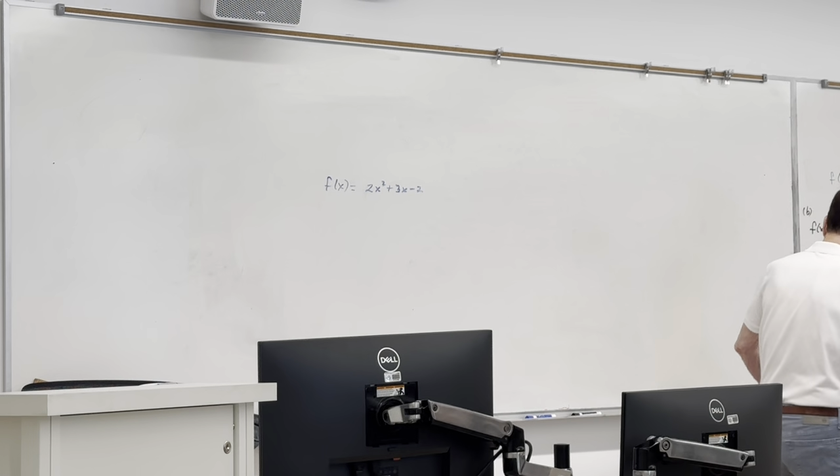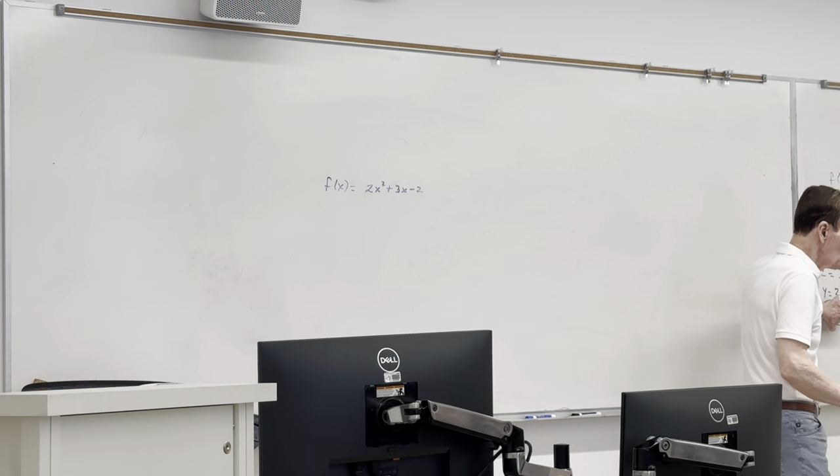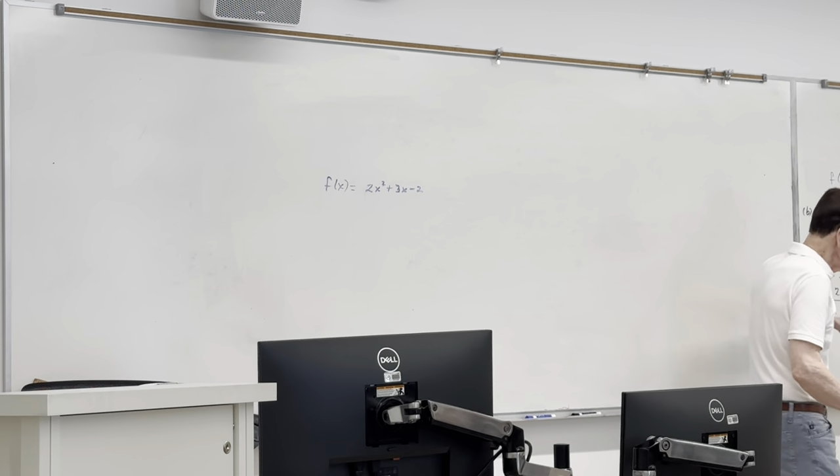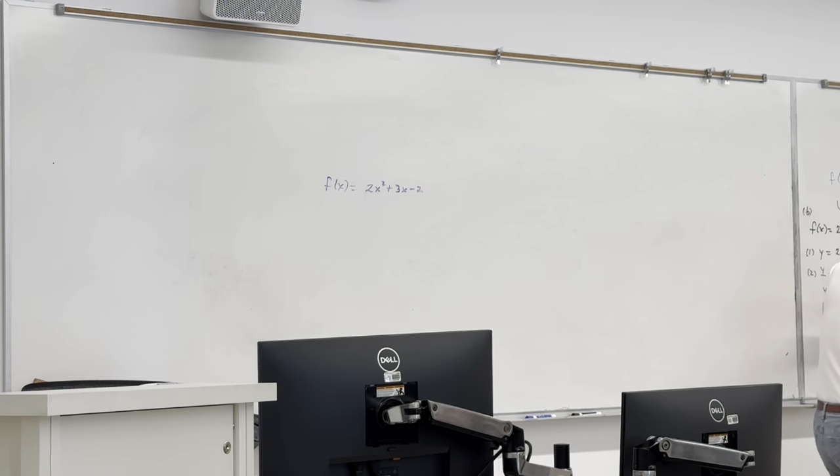Student saying, Professor, it's right here, what are you gonna do with it now? All I know about this right now is it has a turning point here and it opens up. There's a parabola opening up with a vertex, a turning point right there, and that turning point gives me the minimum.